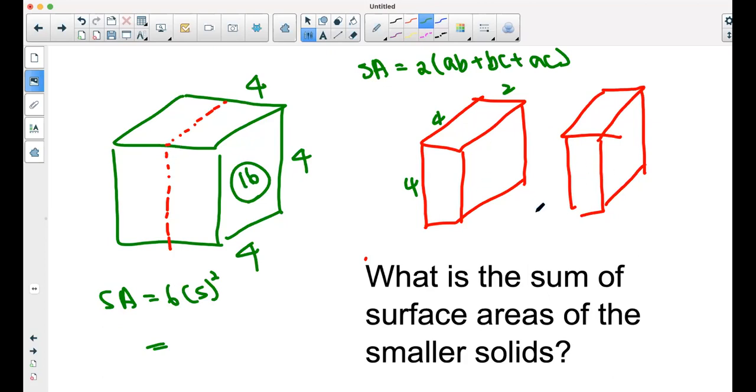But did you realize that in this case I end up creating 2 more surfaces? One right over here, and another one on the other side, which we cannot see.